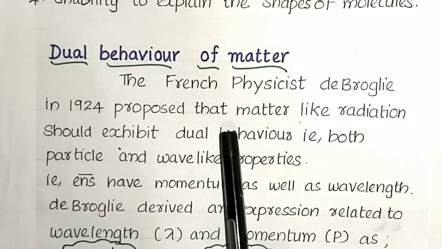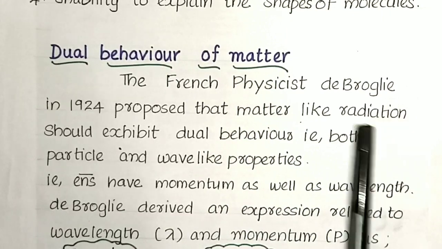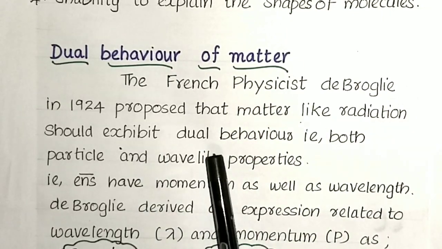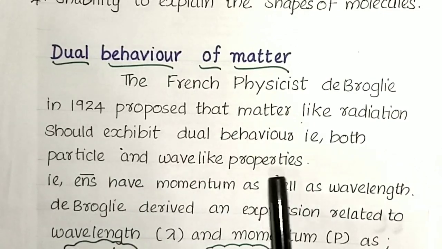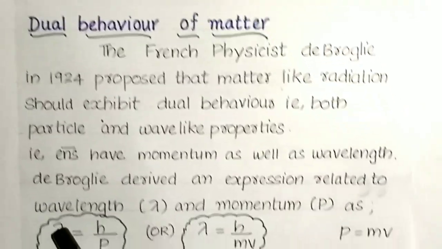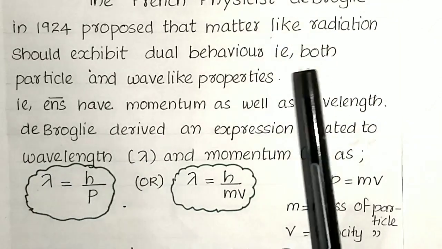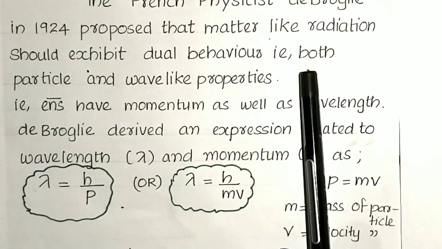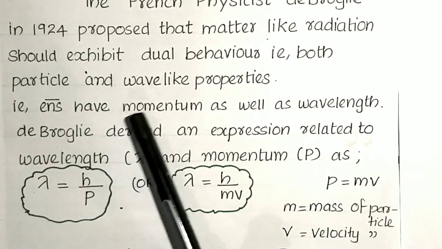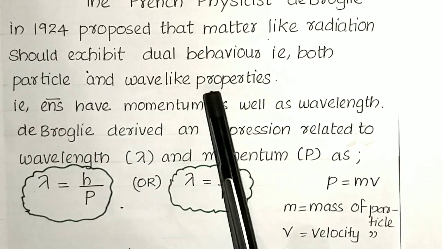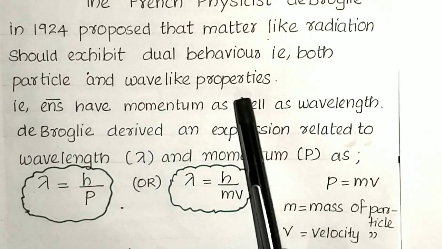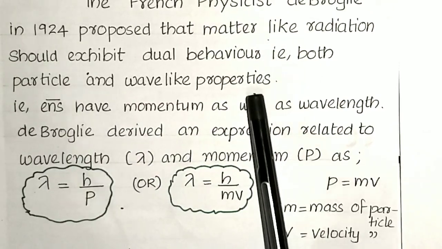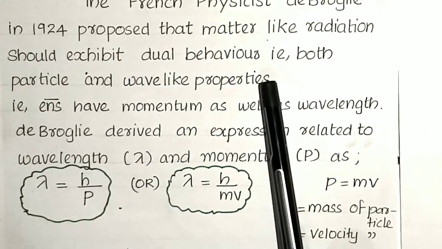He proposed that matter like radiation should exhibit dual behavior, that is both particle nature and wave nature. So this is known as the dual behavior of matter.